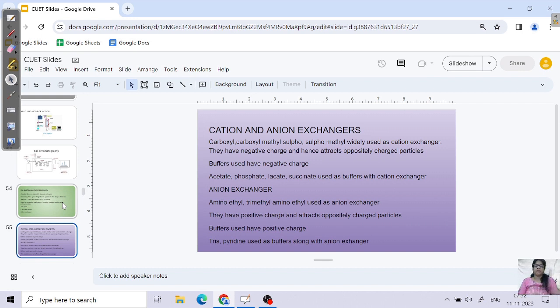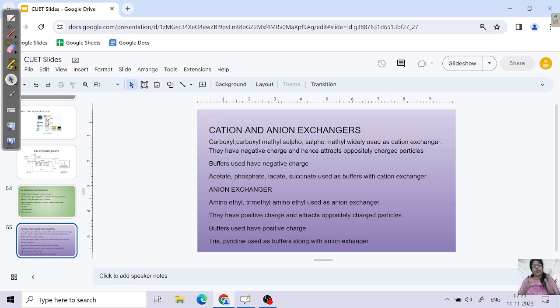Okay, then the buffers used. They may ask you what buffers are used. Acetate, phosphate, lactate are the buffers. For the anion exchanger, Tris and pyridine are generally used as buffers. So this is the cation and anion exchanger.